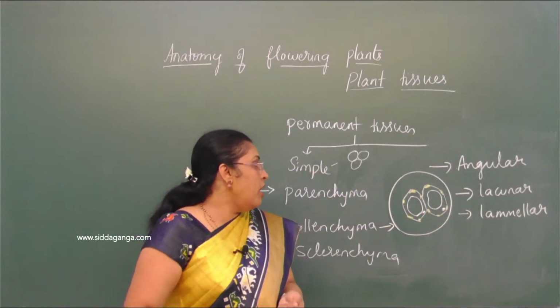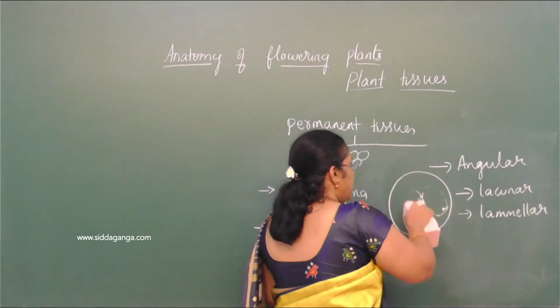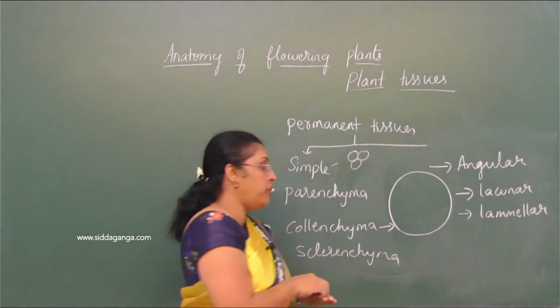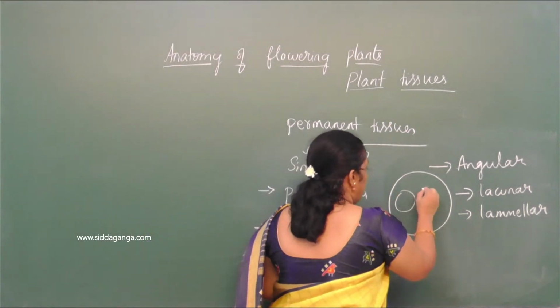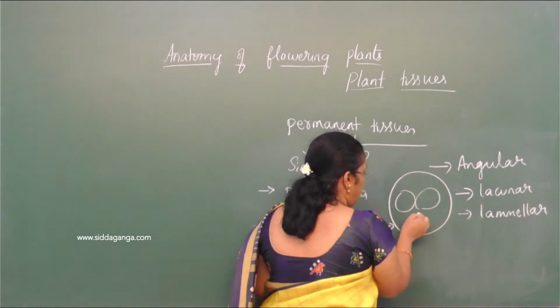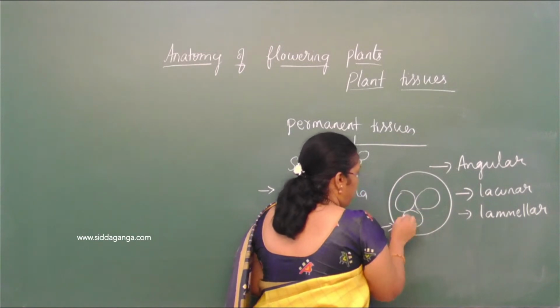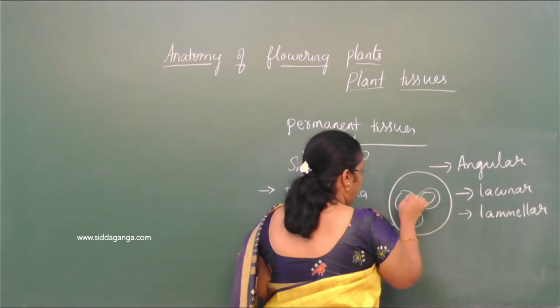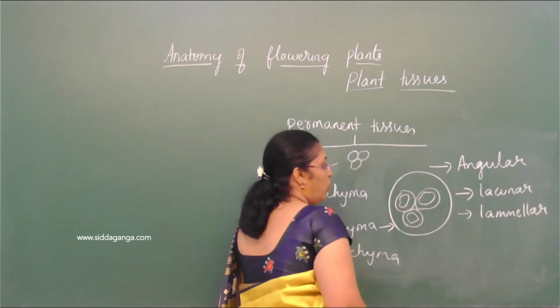Whereas in lacunar collenchyma, little intercellular spaces are seen between the cells.